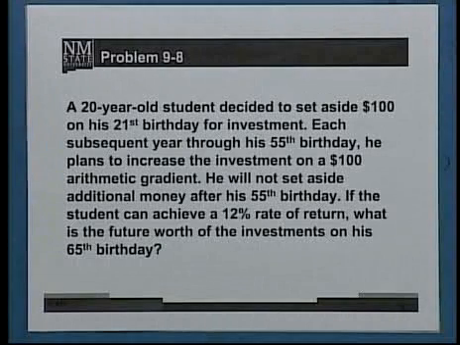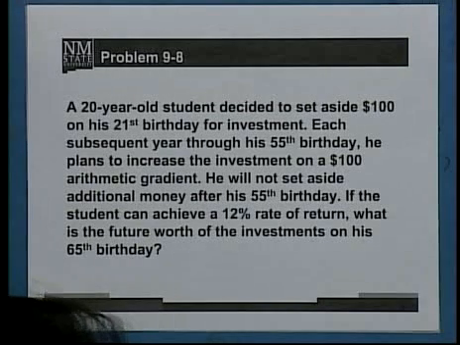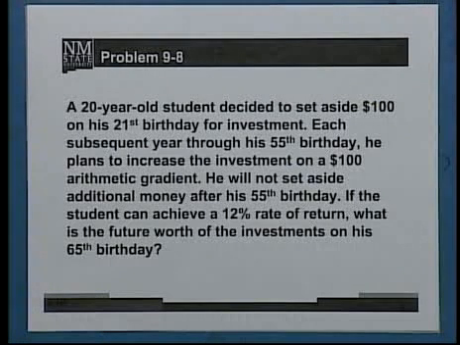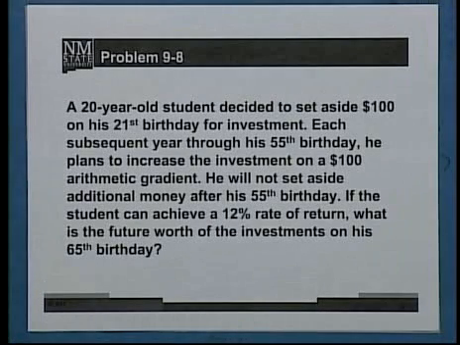Each subsequent year through his 55th birthday, he plans to increase the investment on a $100 arithmetic gradient. He will not set aside additional money after his 55th birthday. If the student can achieve a 12% rate of return, what is the future worth of the investment on his 65th birthday?